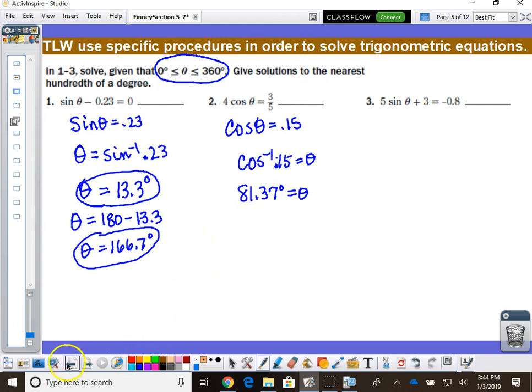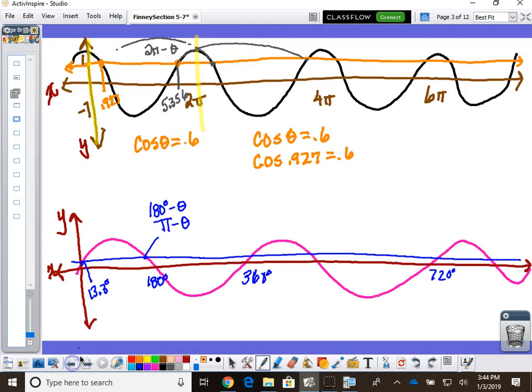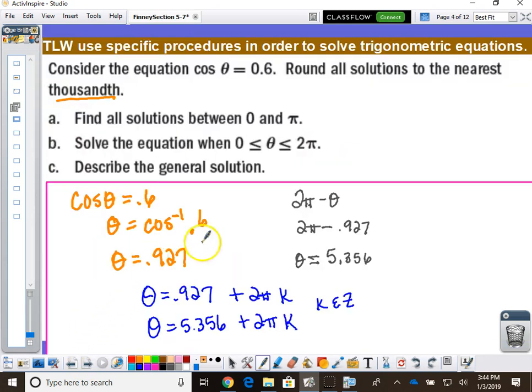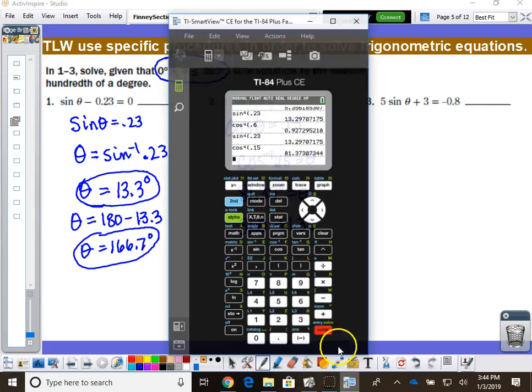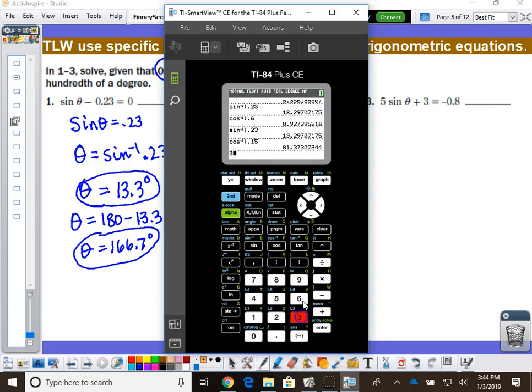So we're at cosine. If we think back to what their graphs look like for cosine, the first one's 81, so it's here. Where's the second one? Well, it's short of 360. So to find our second answer here, we're going to do 360 minus 81.37, and we get 278.63.